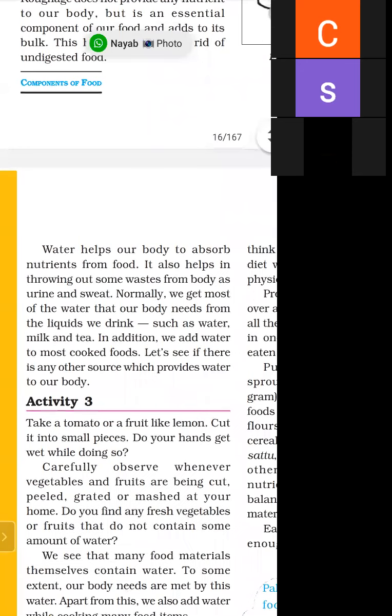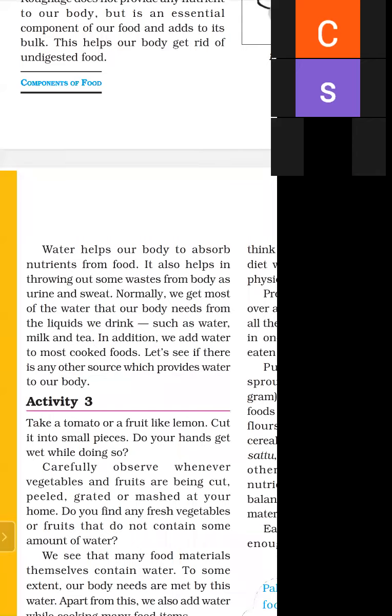So water is required for throwing out some waste from the body as urine and sweat. Water is obtained from milk and tea, from cooked food, and also directly from drinks, like cold drinks.